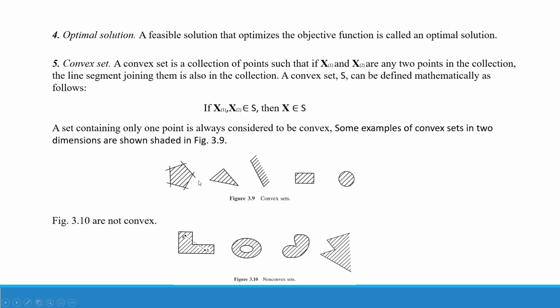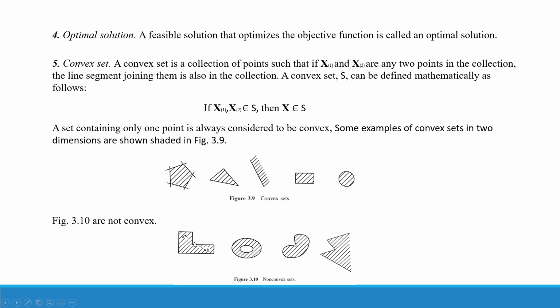For example, this is a convex set. It means that if you draw a line between any two points, every point on the line belongs to the set. But where it is not convex, for example in this case, you can draw a line from letter A to letter B, and part of the line is a feasible solution, but in this part there is no part of the solution.